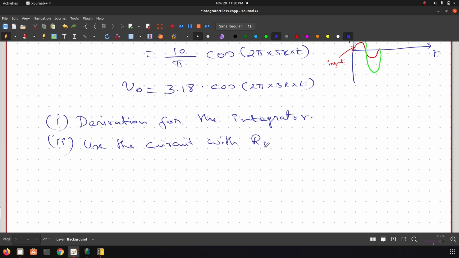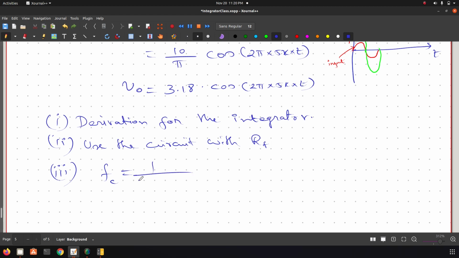If possible, also learn why we are using RF. Thirdly, we have to know the low cutoff frequency and high cutoff frequency. What is the low cutoff frequency?